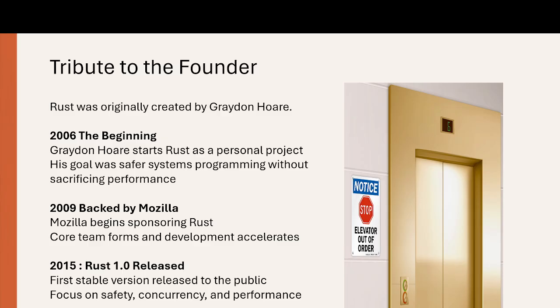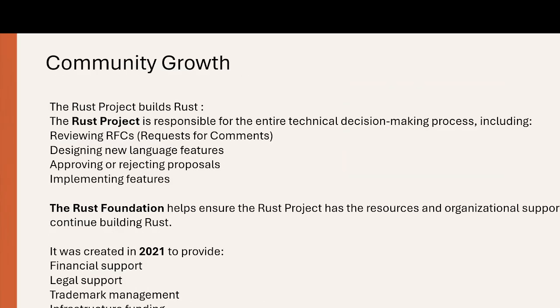From 2015 to the present, there has been a lot of community growth. It's been adopted by so many companies, and now it is open source. People who learn Rust rank it as the most loved language. From a community growth point of view, there are two things here.